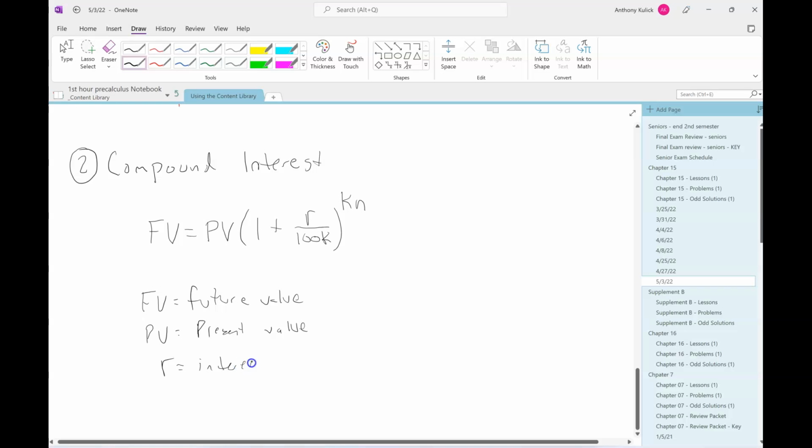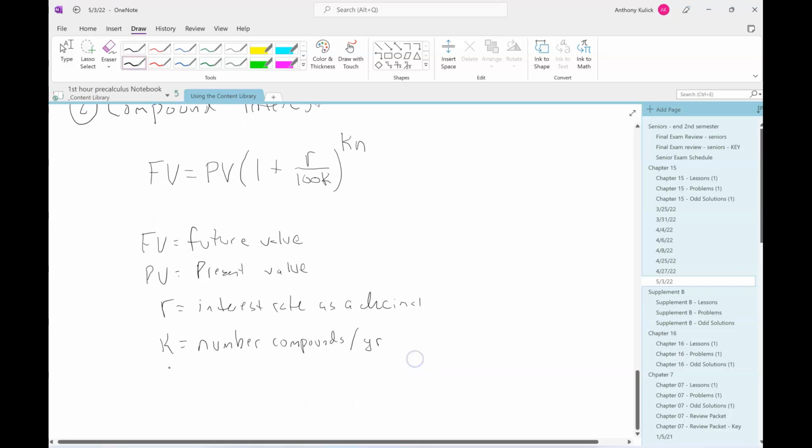R is our interest rate as a decimal. K is the number of compounds per year. And N is, again, the number of years.